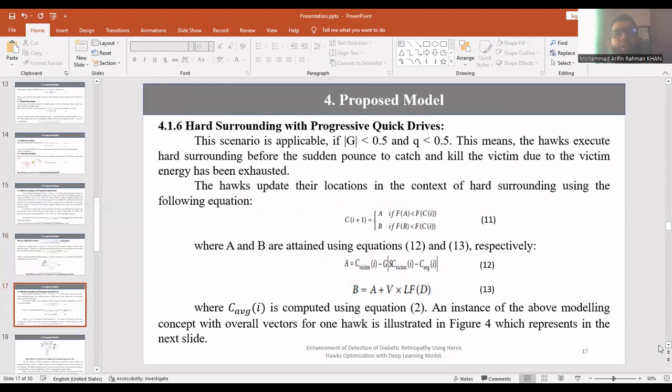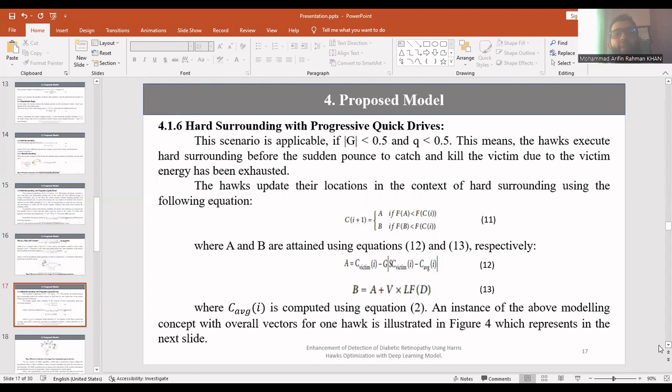Hard surrounding with progressive quick dives. This scenario is applicable if absolute G is less than 0.5 and small q is less than 0.5. This means the hawks execute hard surrounding before the sudden pounce to catch and kill the victim because the victim energy has been exhausted.